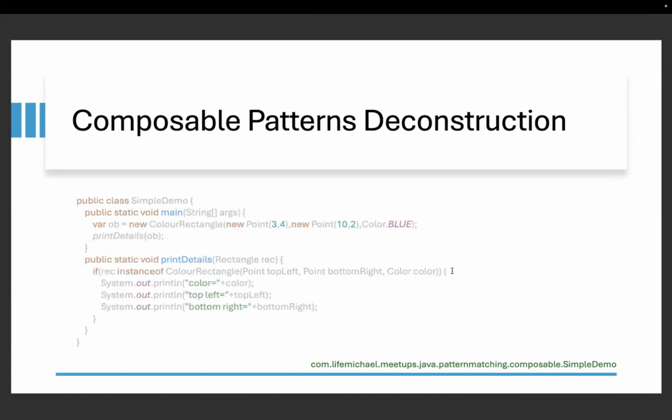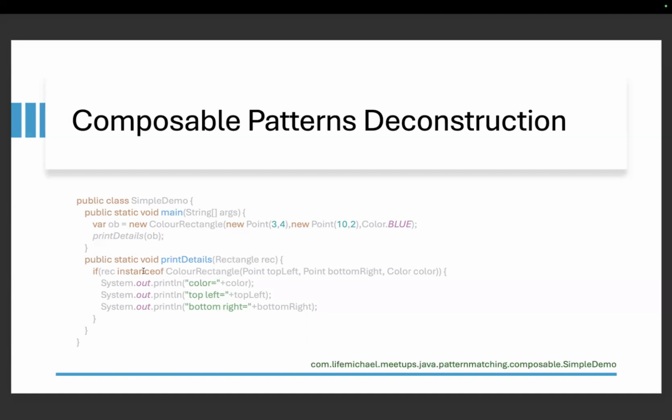Let's take a look at this code sample where we use instanceof in order to verify that the object printDetails received its reference is not just a Rectangle, it is a ColorRectangle.